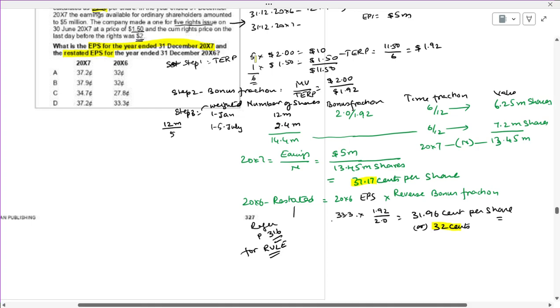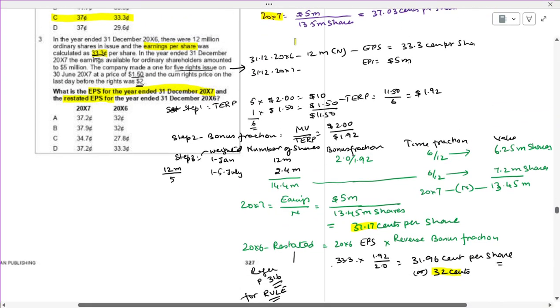Option D? Option B? Not A, how 3? 37.2 and 32. The answer is A. Okay, answer is A. Fine.